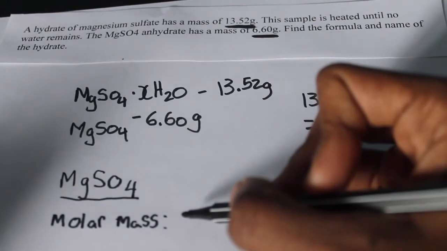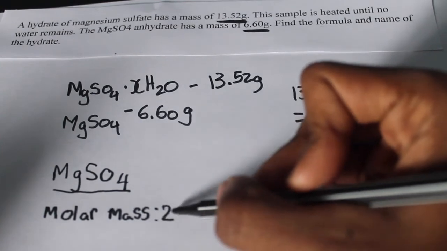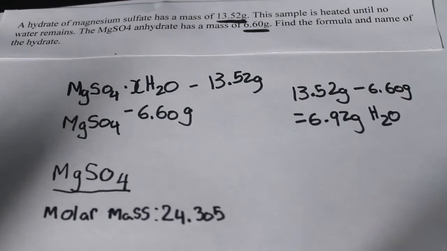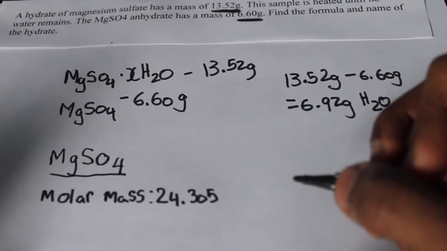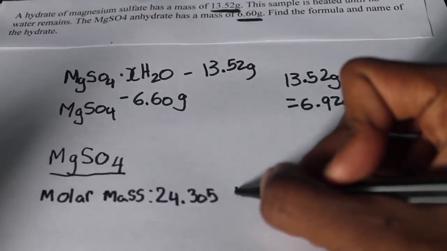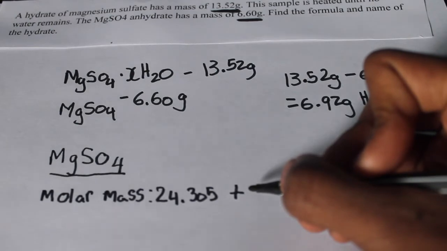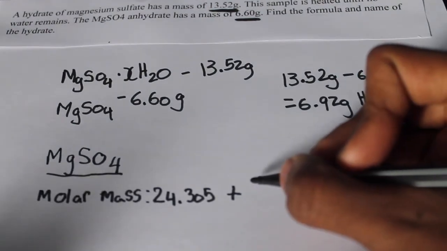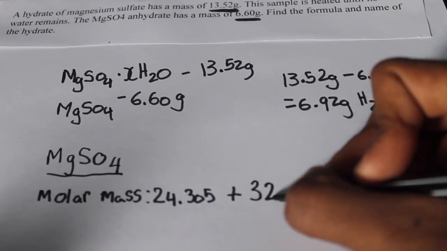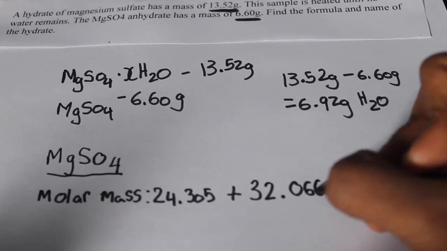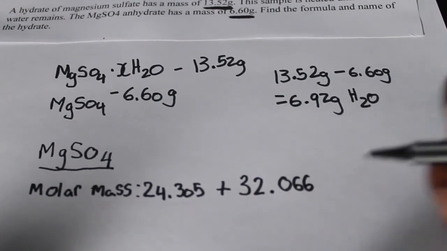The molar mass of magnesium is 24.305 as identified from the periodic table, plus the mass of sulfur, which is 32.066, plus 4 atoms of oxygen.